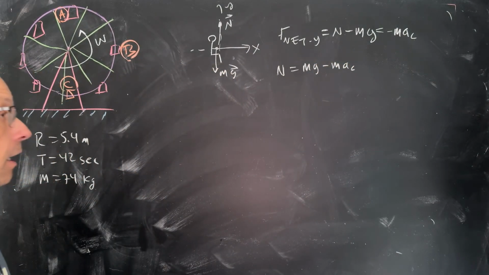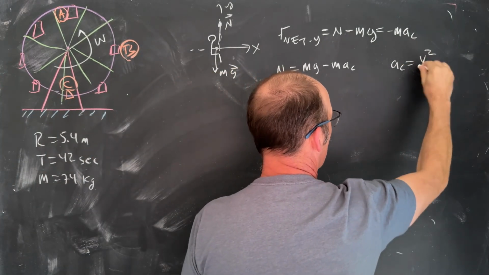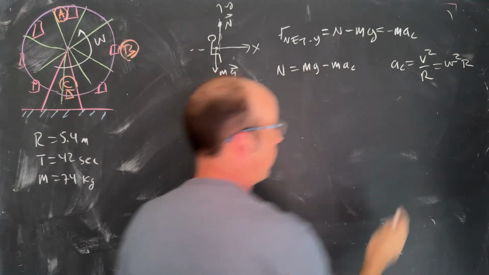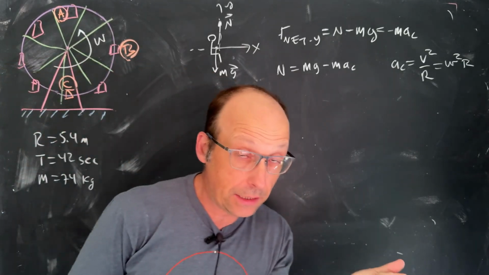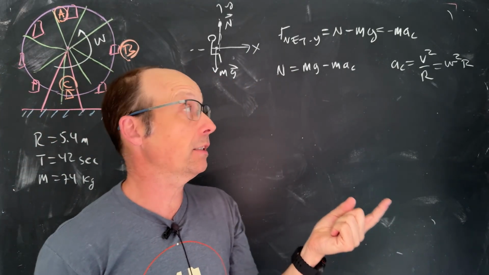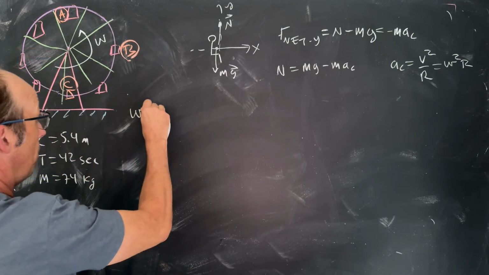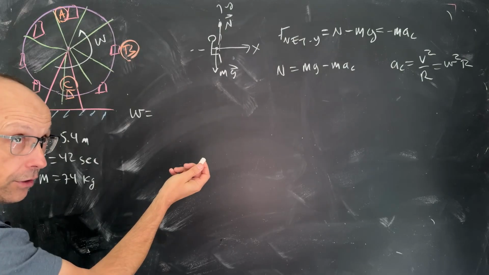Okay. We do need to find the acceleration. Remember we have two ways to do this. I can say a_c is v squared over r, or I can say it's omega squared times r. You're going to get the same thing either way. So I need to either find the magnitude of the velocity of the person, or I need to find the angular velocity. The angular velocity, omega, would be the change in angle over the change in time.